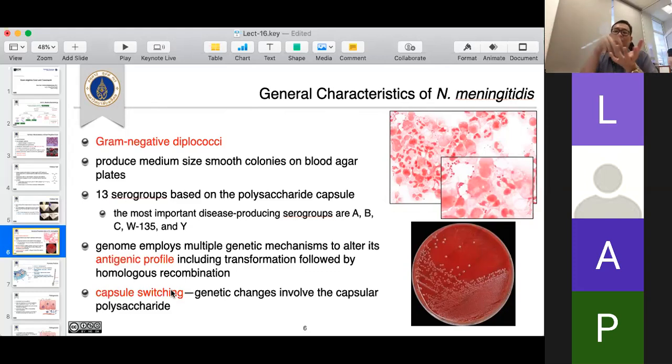The immune response to the capsule tries to produce antibody to be an opsonin, right? To make opsonization of the capsule, letting macrophages eat the bacteria easily. But once they are tricked by antibody, Neisseria meningitidis can switch to a new set of capsule protein and come up. So they change to a new antigen all the time. That means they escape the immune system quite quickly. Okay, this is the machinery of meningitis.